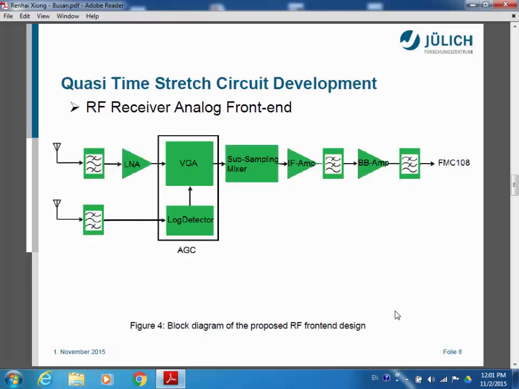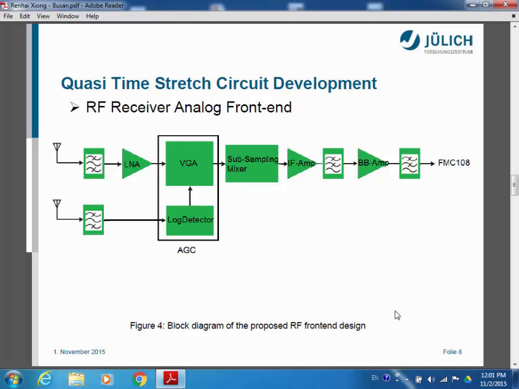How to do that is to implement a sub-mixer architecture, an undersampling architecture. What that means is this receiver will be sampling the signal at a rate much lower than the signal bandwidth.